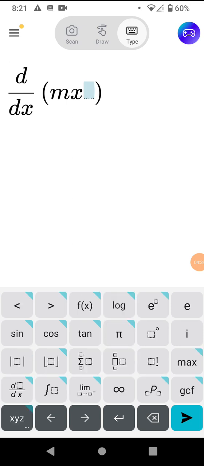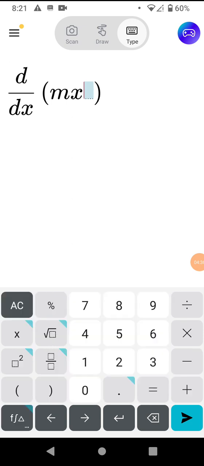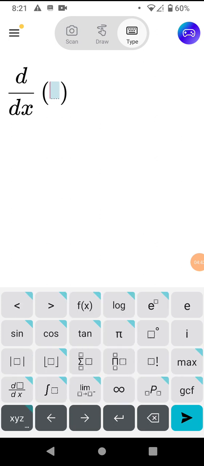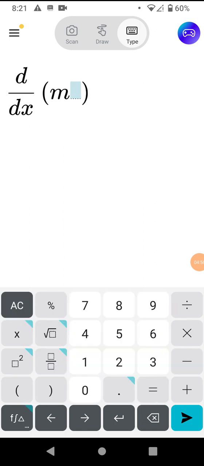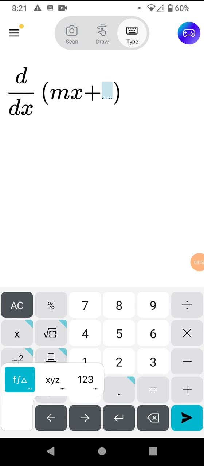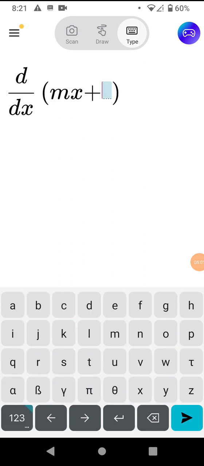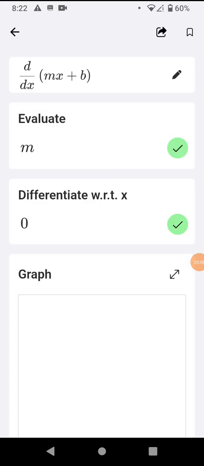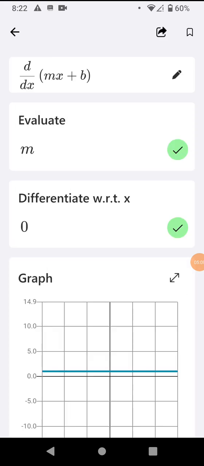And if we have the derivative of mx plus b, no matter what b is, it would always just equal m.